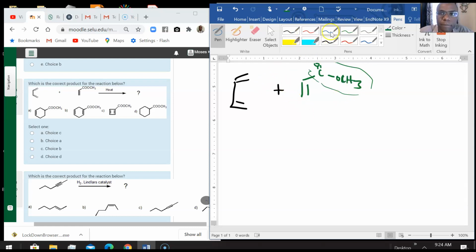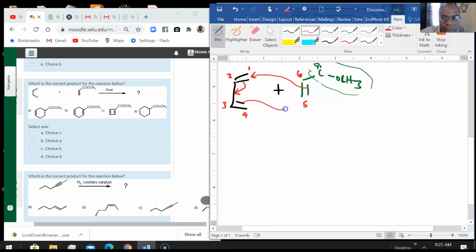So anyway, you want to label these carbon atoms 1, 2, 3, 4, 5, and 6. So assume carbon 6 is attached to carbon 1, and then you're moving your pi bond, making a new pi bond here, and then in turn this is shifted to make a bond between 4 and 5.